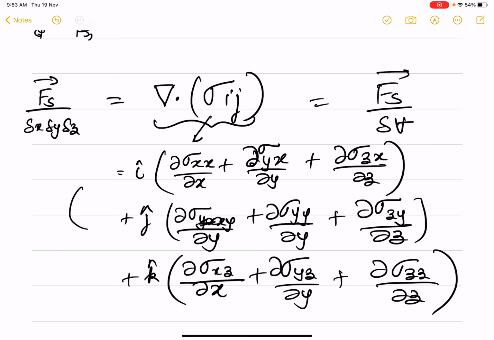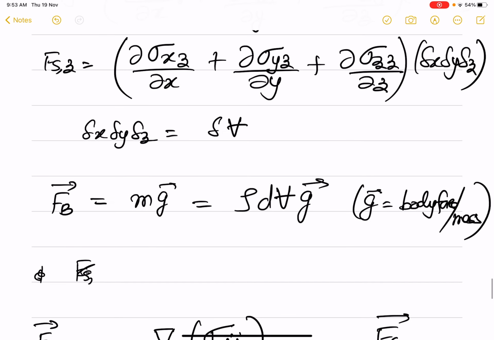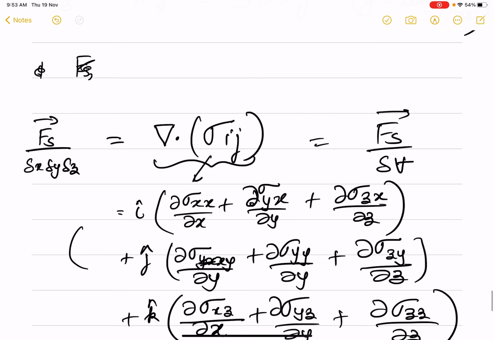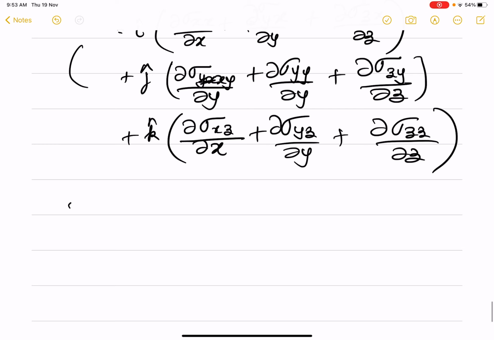So now when we have this, we have written the body force, and the surface force we will write as del dot sigma ij times delta v. Now mass times acceleration will become rho times a delta v. This is the mass times acceleration.